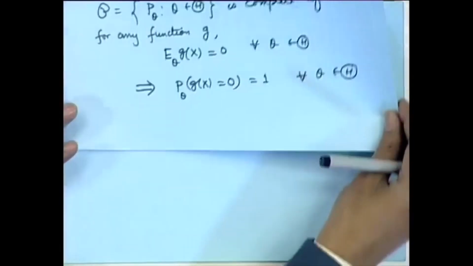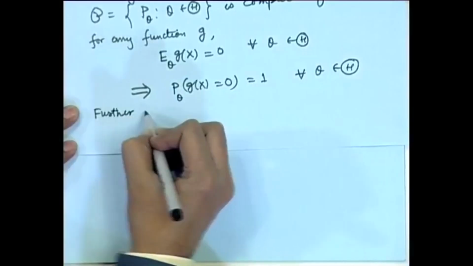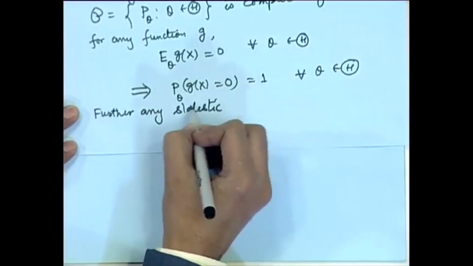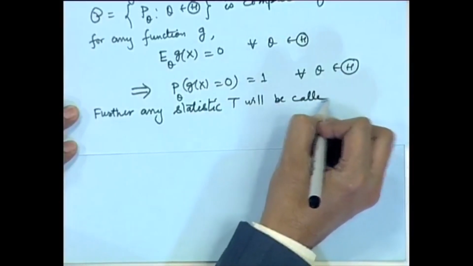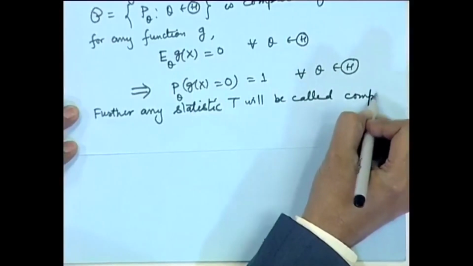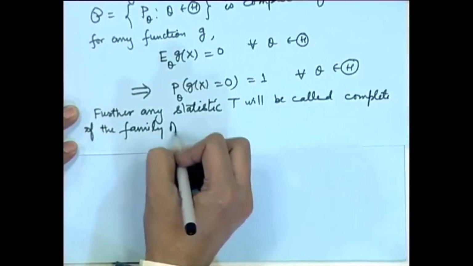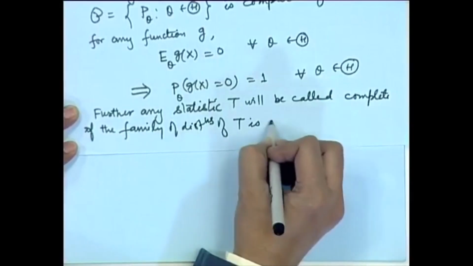Further, any statistic T will be called complete if the family of distributions of T is complete.